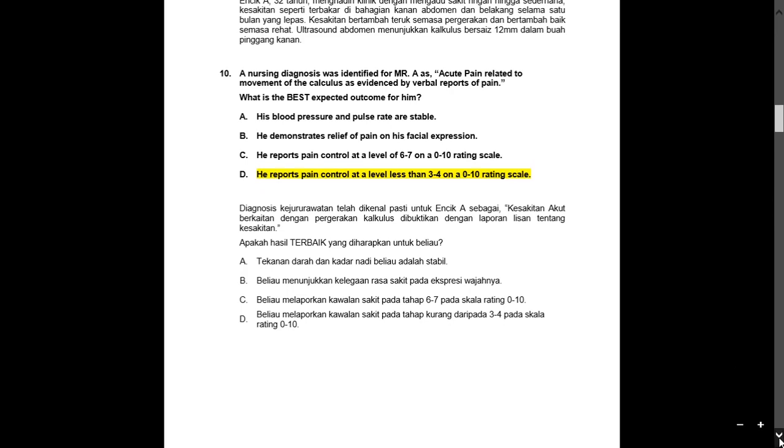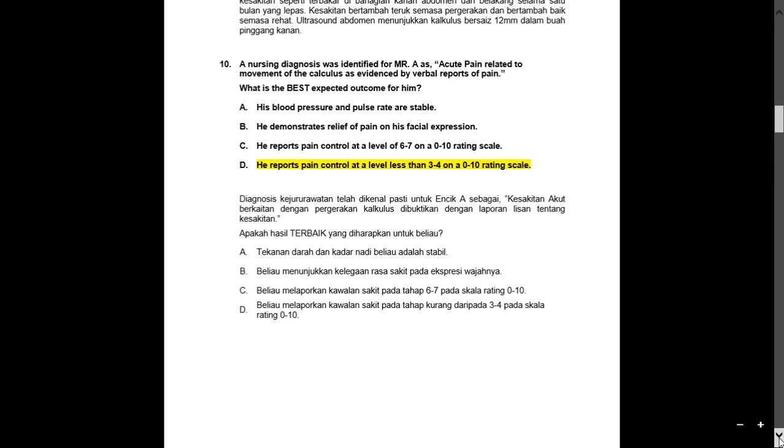Question number 10 asks, a nursing diagnosis was identified for Mr. A as acute pain related to movement of the calculus as evidenced by verbal reports of pain. What is the best expected outcome for pain? Actually, the problem the client has is acute pain, so your planning should be to minimize this pain.